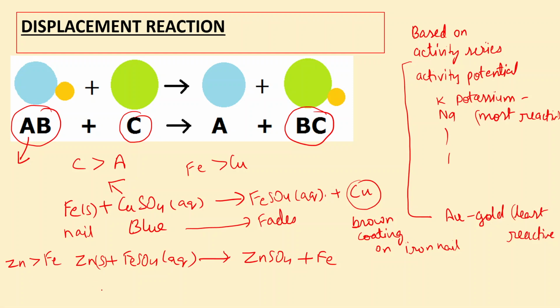But what will happen if we react copper with zinc sulfate solution? Will it react? Copper is less reactive than zinc, so it will not be able to displace zinc from the zinc sulfate solution. So no reaction will take place.